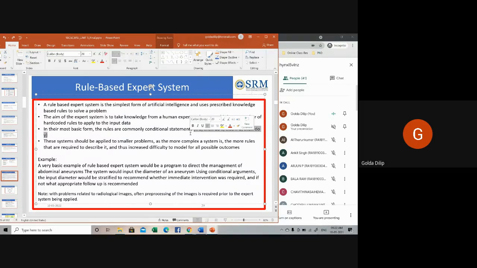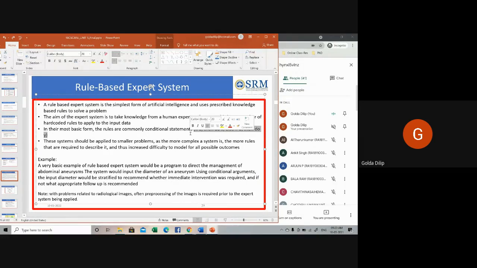A very simple rule I can tell you: if the number is divisible by 2, then it is even. This is a very simple rule, but the rules can be complex, where you can have multiple antecedents and multiple consequents, that is, the left hand side and the right hand side. Then your antecedents can be connected with AND or OR; in unit 3 we called these conjunctions or disjunctions.